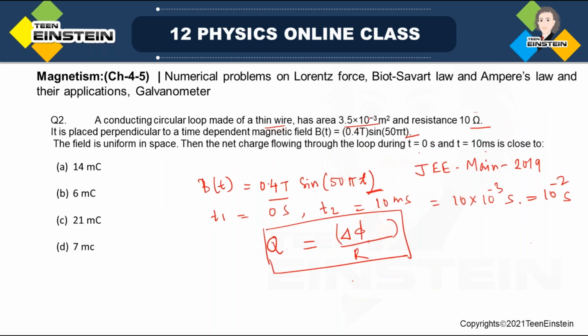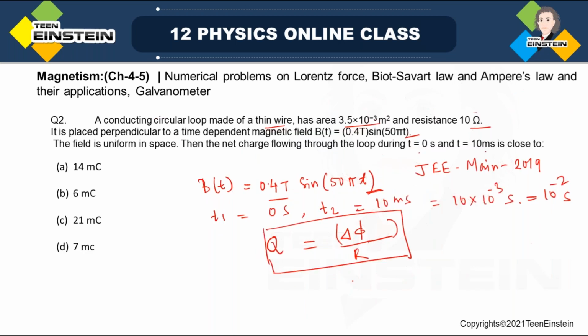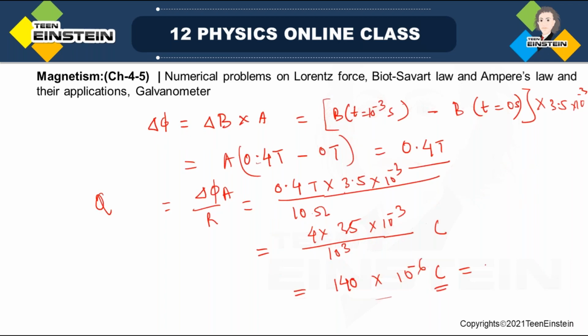This is 10 to the minus 3 anyway. This is ohm, 10 to the minus 3, 3.5. Okay, that's fine. It's all right. Actually, this will give you 14 millicoulomb.